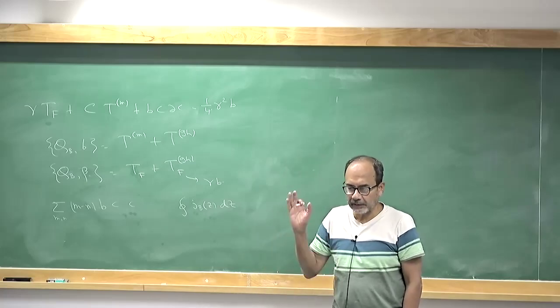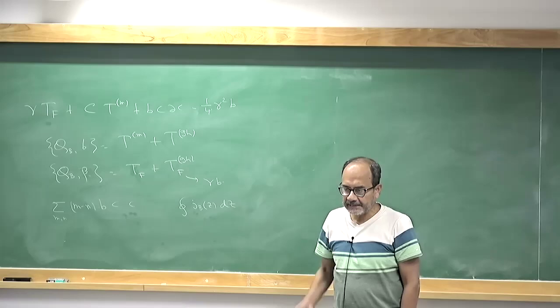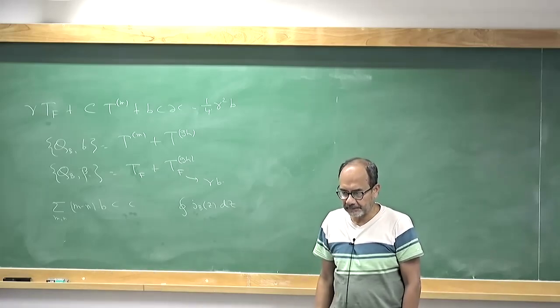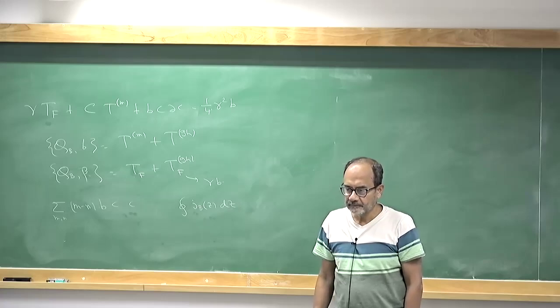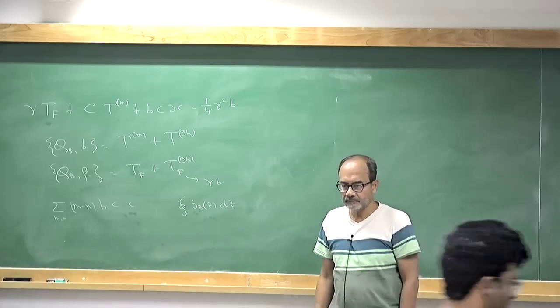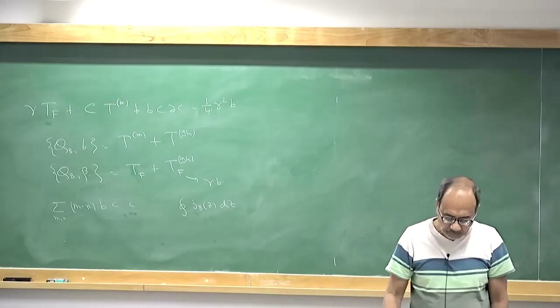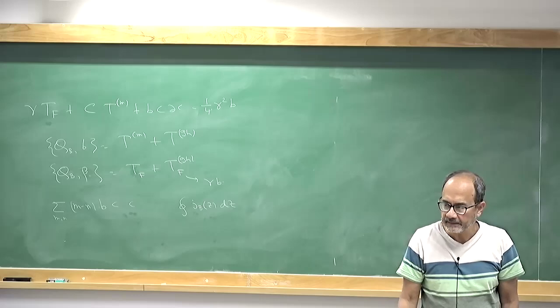So you can start with the Lorentzian picture, write it as an integral over sigma, and then analytically continue that expression. Any other question?